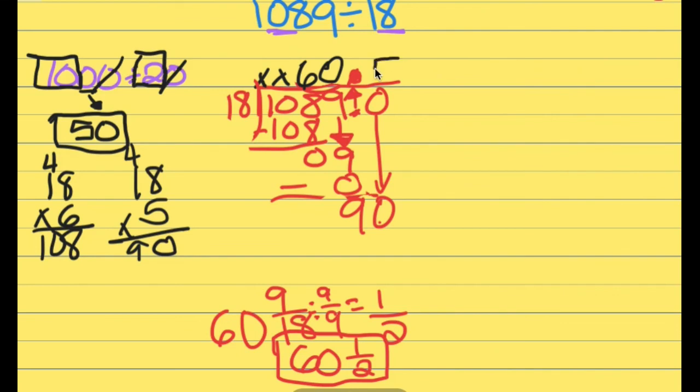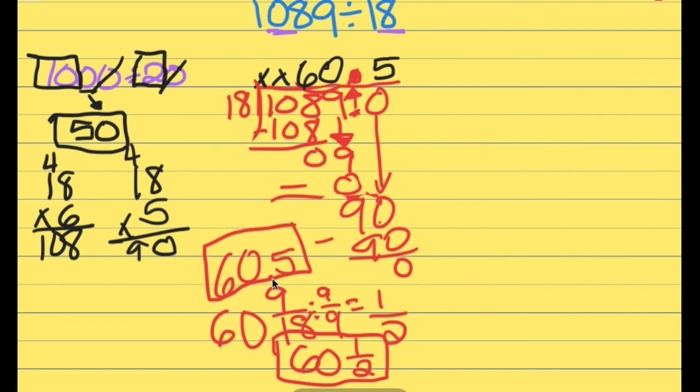So I'm going to put the 5 on top, and then subtract 90 from 90. And then we have nothing. So we can write out our answer, which is 60 and 5/10. That would be our quotient for the problem. So you can have 60 and 5/10 or 60 and a half. Either works just fine, as long as you have one.